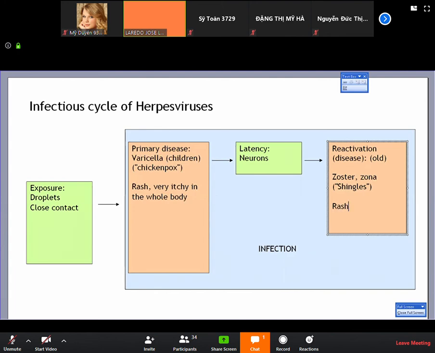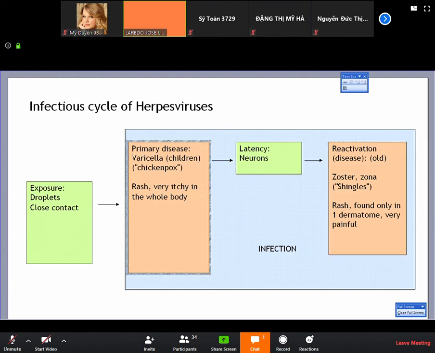Zoster is also a rash, but not in the whole body. It's a rash found only in one dermatome. In the dermatome where the virus were latent. And this rash is not itchy. This rash is very painful. This is zoster.